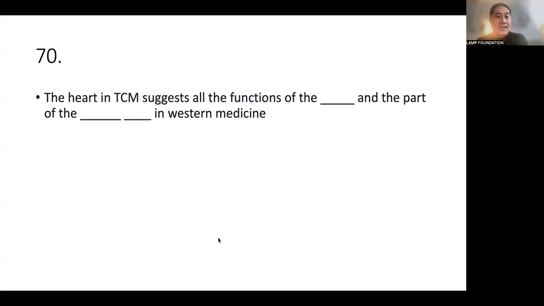The heart in TCM suggests all the functions of the blank and part of the blank in Western medicine. The functions of the heart and part of the nervous system in Western medicine. So is it safe to say that to prevent dementia, Alzheimer's, we need to take care of the heart and the nervous system?